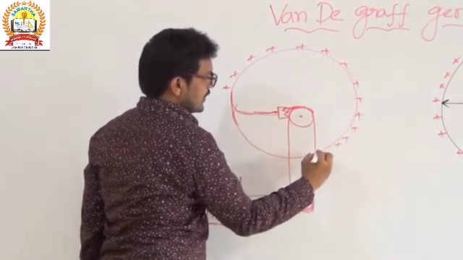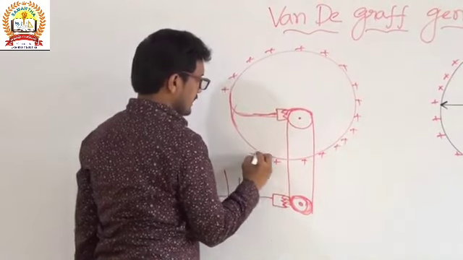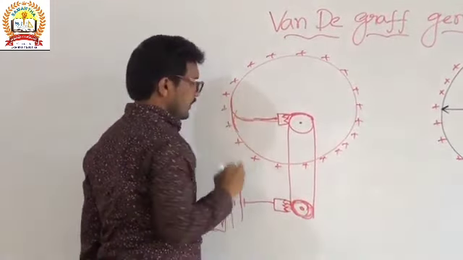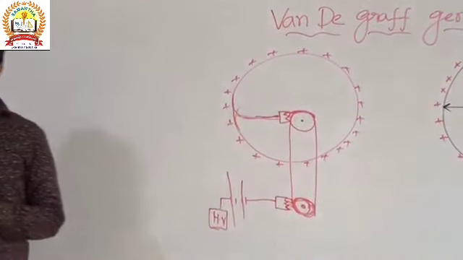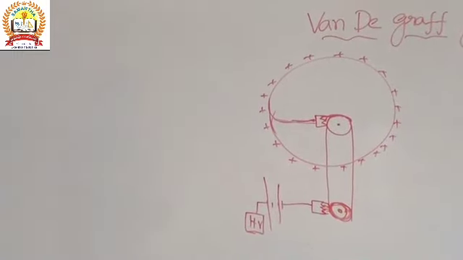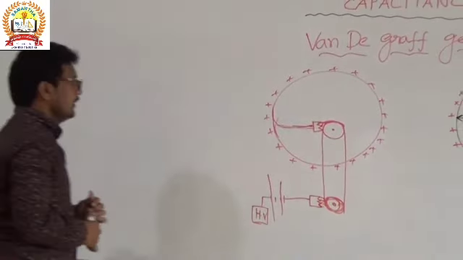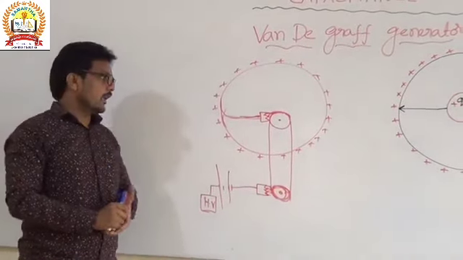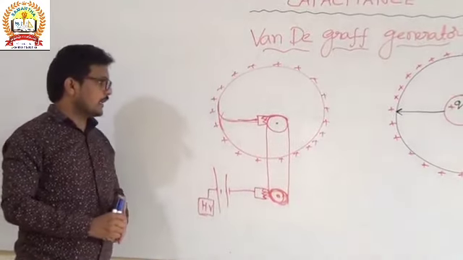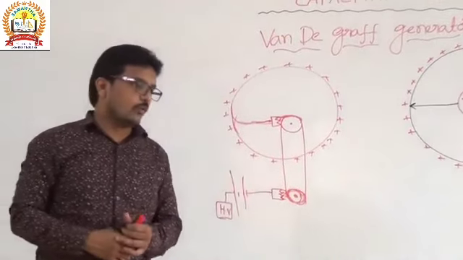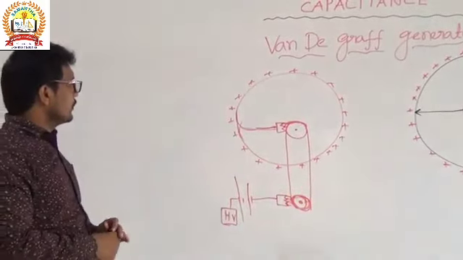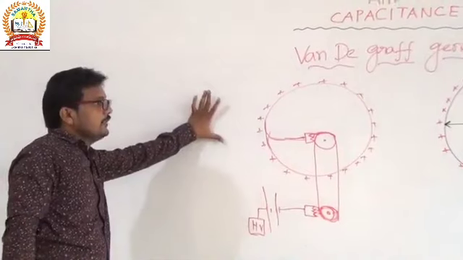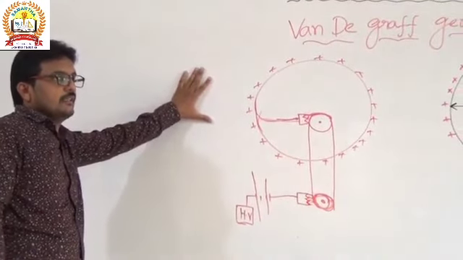And if the voltage is high, the charge becomes ionized, and it can be used to produce high energy, about 10 raised to 6 electron volts. So that is the main principle of the Van de Graaff generator.